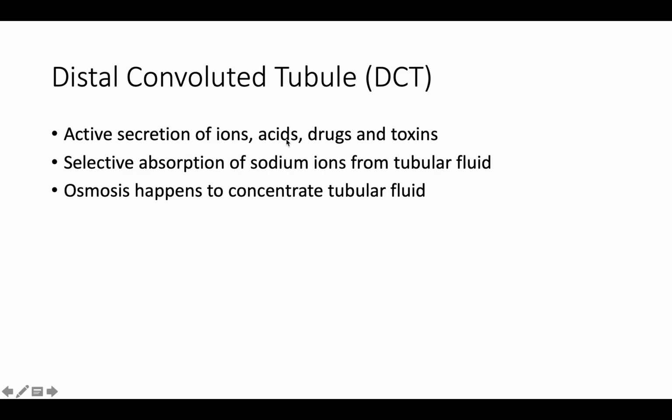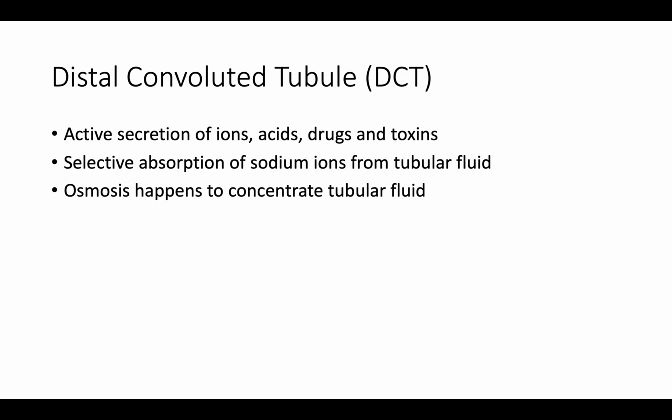Then you have your distal convoluted tubule, or your DCT. This is going to be active secretion of ions, acids, drugs, toxins, things like that, and selective absorption of sodium ions from tubular fluid. Osmosis happens to concentrate the tubular fluid.